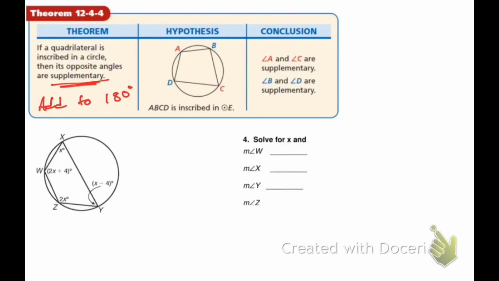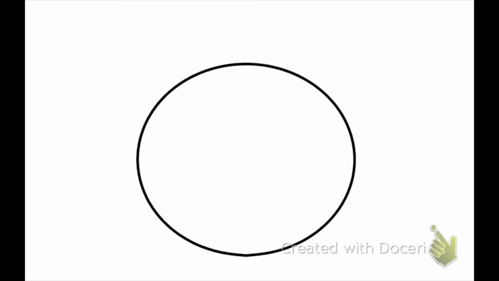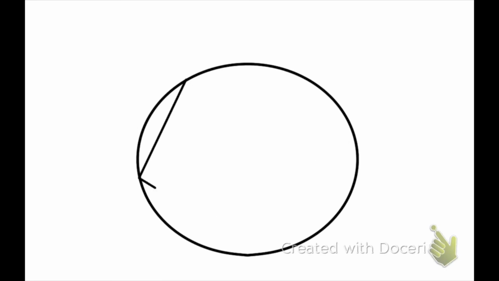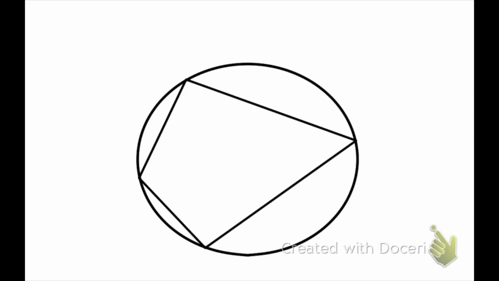So if you take a quadrilateral and it's inscribed in the circle, which means that the vertices of the quadrilateral fall on the circle. So all 4 parts where the quadrilateral comes together, they have to be on the circle.